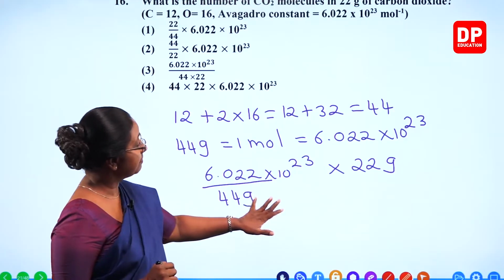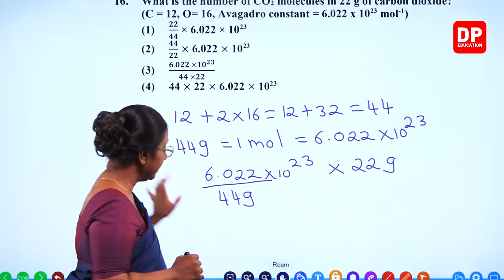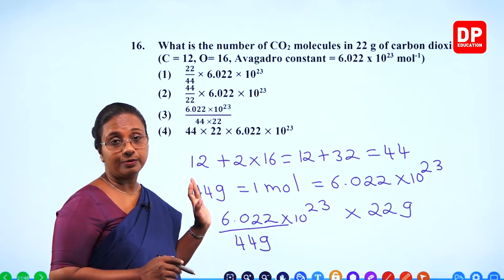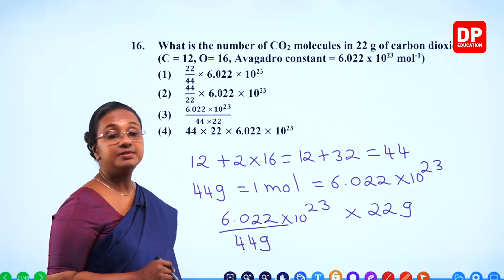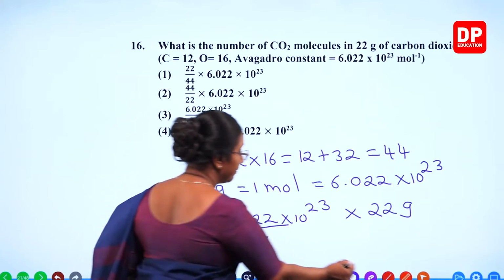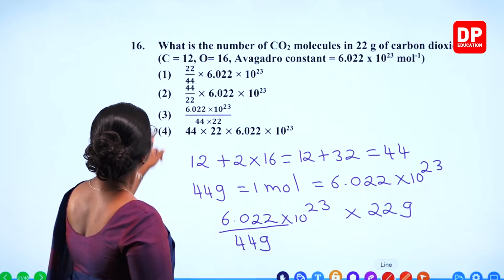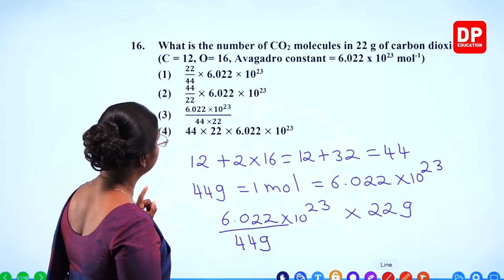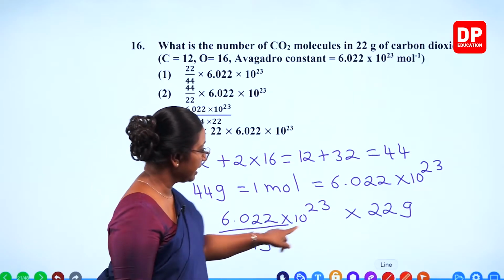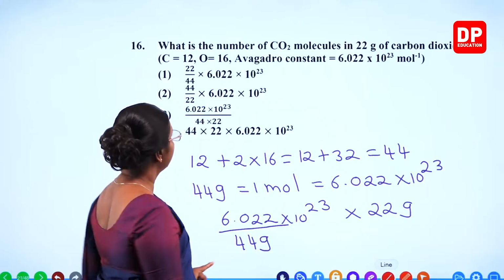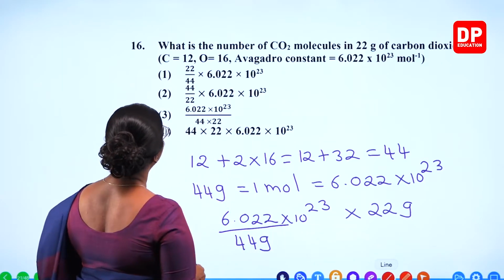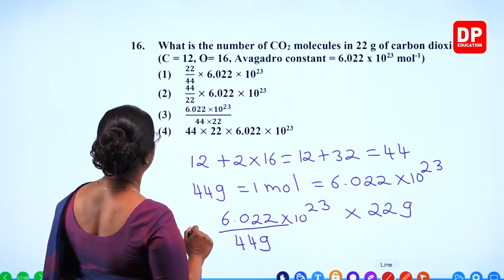Now, this can be simplified, but as you can see, the answers are given in the form of an equation, so we don't have to simplify this. Now, if we look at the answers. 22 divided by 44 into 6.022 into 10 to the power of 23, that is the same as this. Only thing they have rearranged is 22 divided by 44. So the first answer is correct.